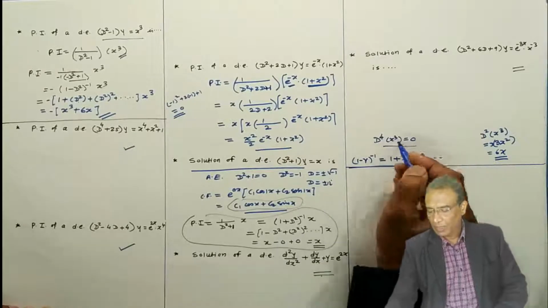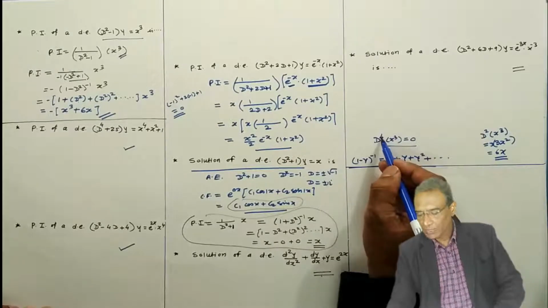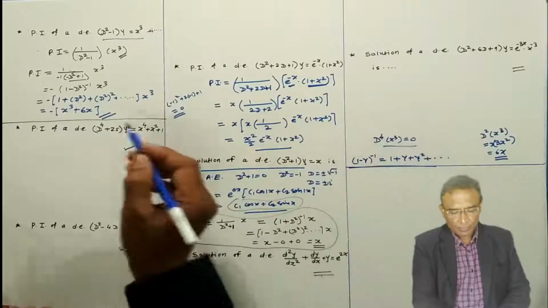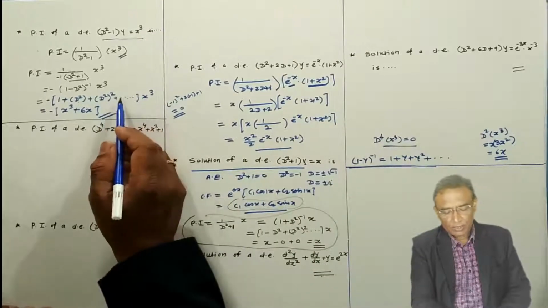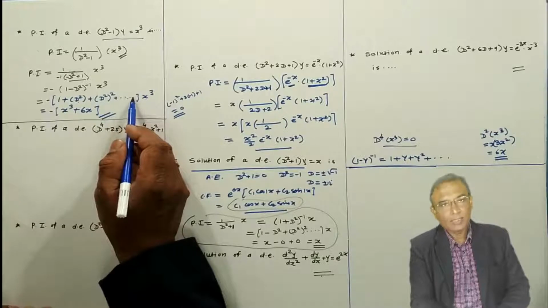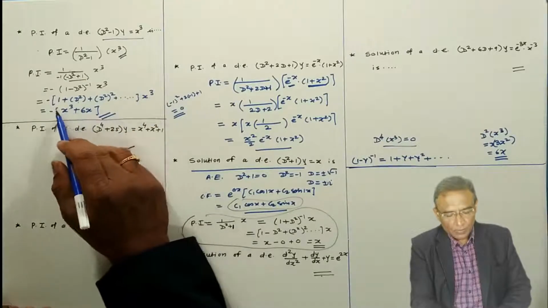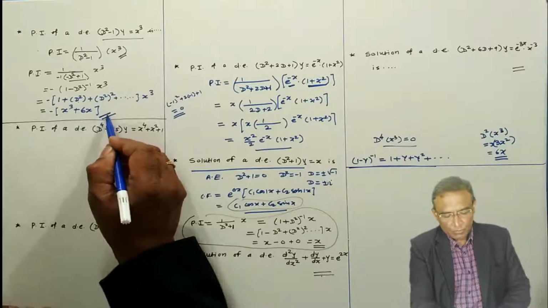Okay, if the order of the derivative is more than this index, you know, then its derivative is 0. It's very clear. And if you operate other terms, these are the higher order terms of D, it will be again 0. Means this is the particular integral, this is the formula.